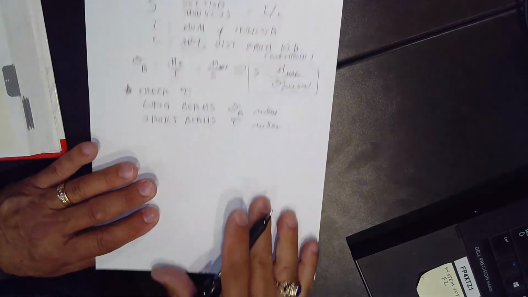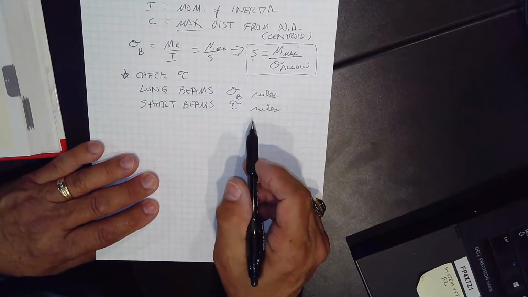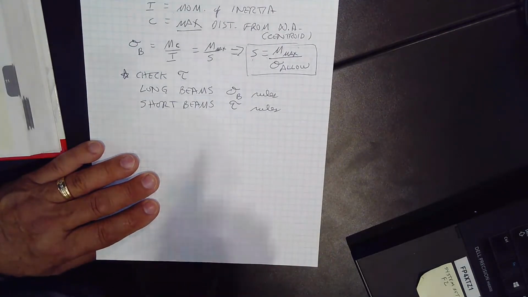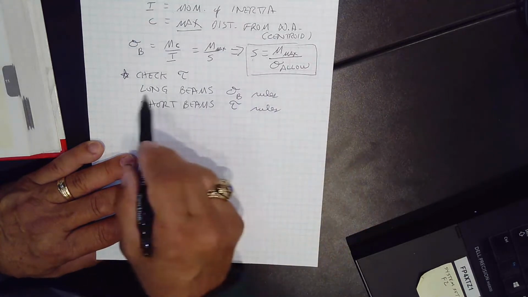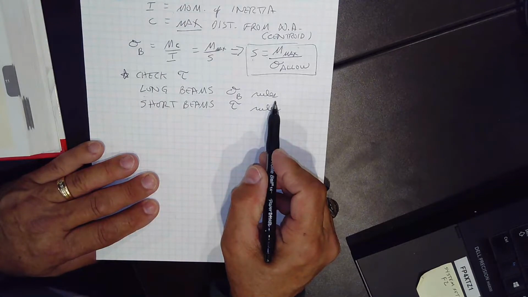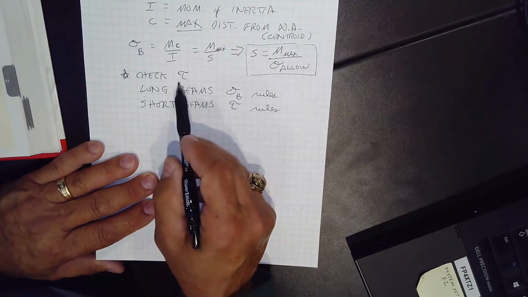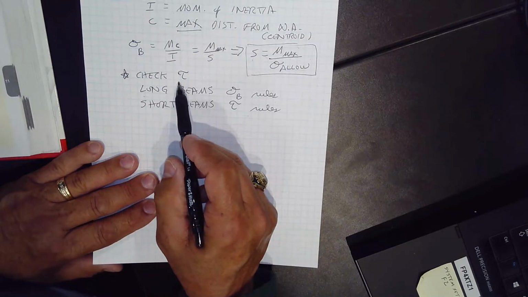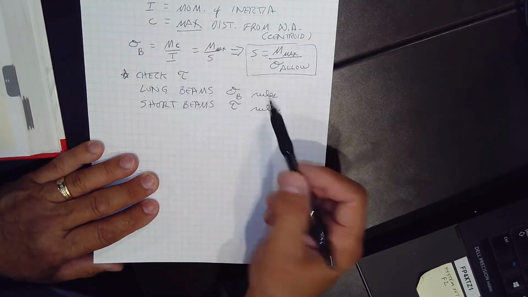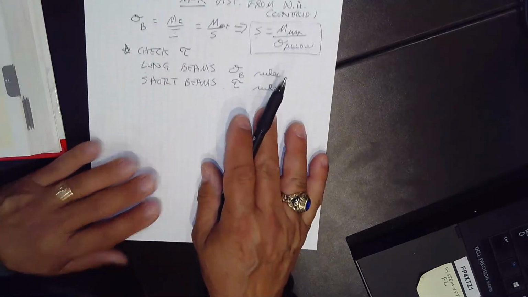Now, define long and short. I can't. But the point is, for the most part, we're dealing with long beams, and we're going to size it based on bending stress and then check for shear stress. And if shear stress comes out to be critical, then we'll have to resize the beam. Then it's a short beam.